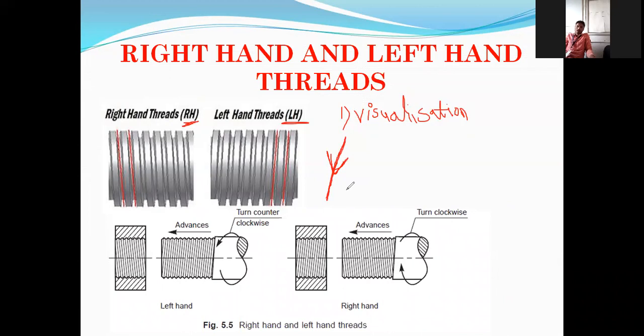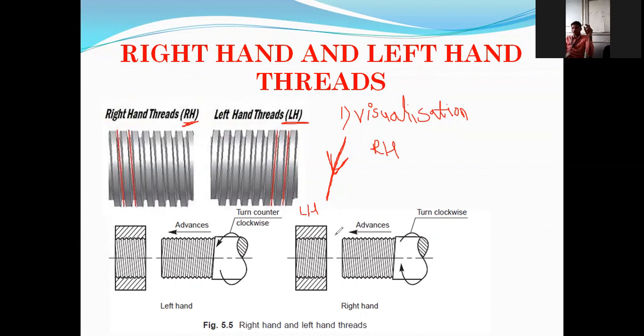I have drawn one line, see, in the downward direction. This direction is right to left. Here at this side it is right and here it is left. From where to where is it going? Right to left. This is called visualization.